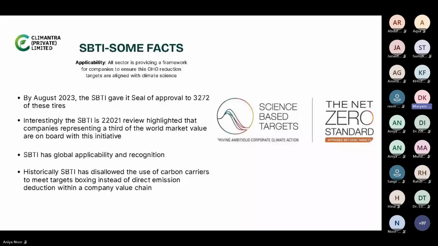T&D board has field inspectors, hiring field inspectors also. Ikra, you are a part of the Montreal Protocol, like in implementing that.